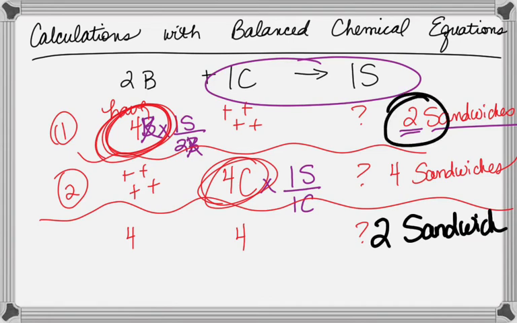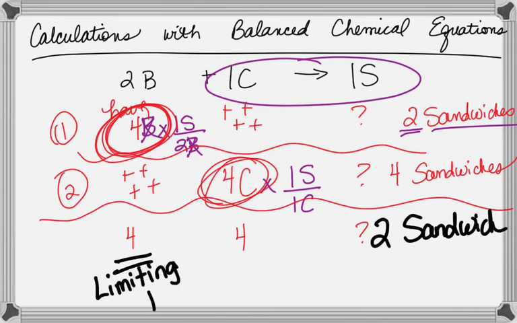Because I can only make the smaller number of sandwiches. The smaller amount of product is what I can make because bread is known as my limiting reactant. The limiting reactant is the reactant that I'm going to run out of. Because once I have these 4 breads and I make 2 sandwiches, I'm not going to have any more bread left. I'm not going to run out of cheese. 2 sandwiches is only going to require 2 pieces of the cheese, so I'm going to have cheese left over. It's not my limiting reactant.